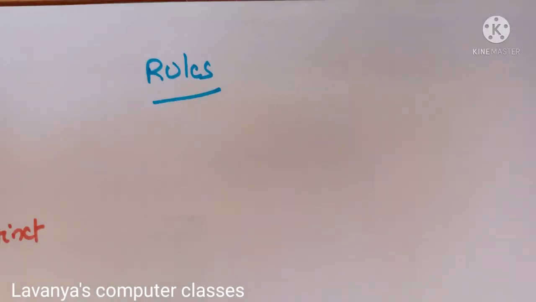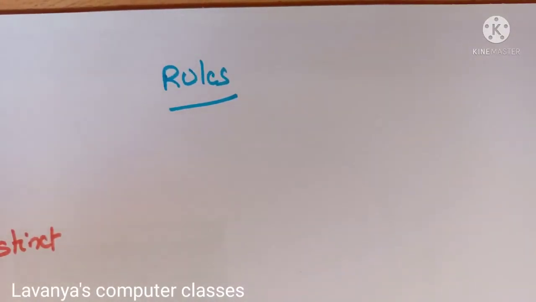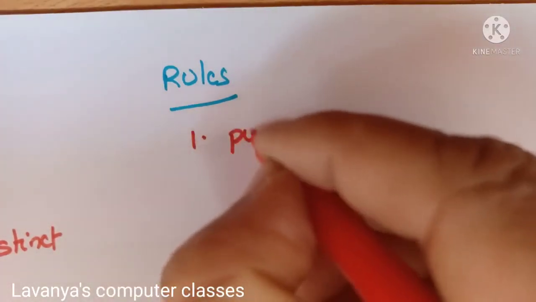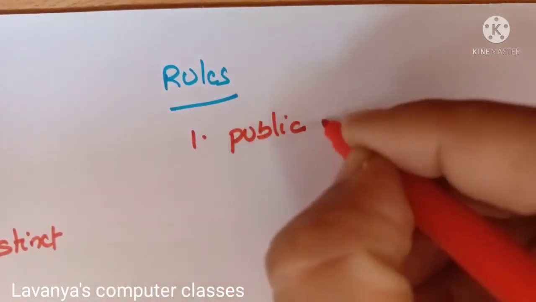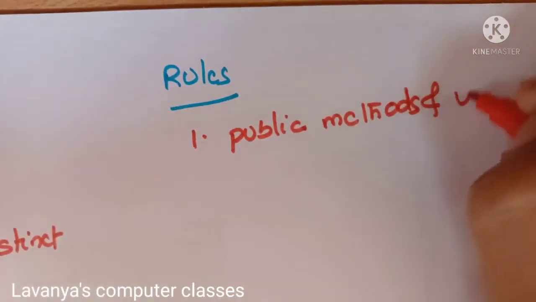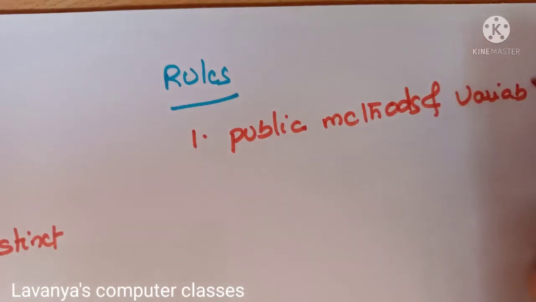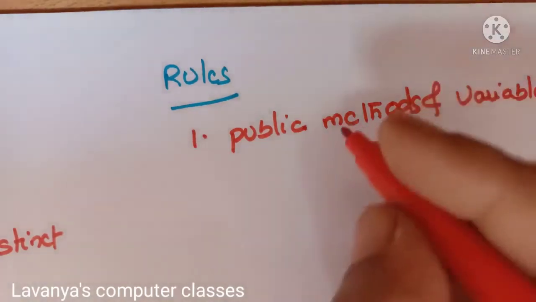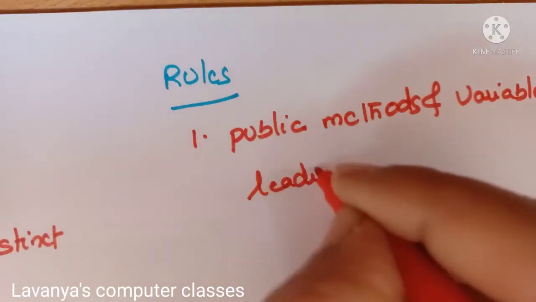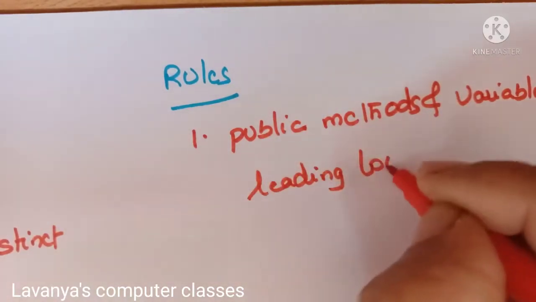The first one is for the names of all public methods and variables. For variables, the leading character must be in lower case.